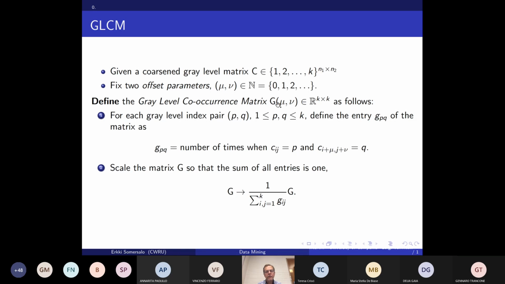And notice this matrix, regardless of what your image size is, whatever your n1 and n2 are, is always a K by K matrix, where K, remember, was the number of grayscales that you had in your coarse grayscale matrix. So K is the number of subintervals that you have. So how do you build this gray level co-occurrence matrix?